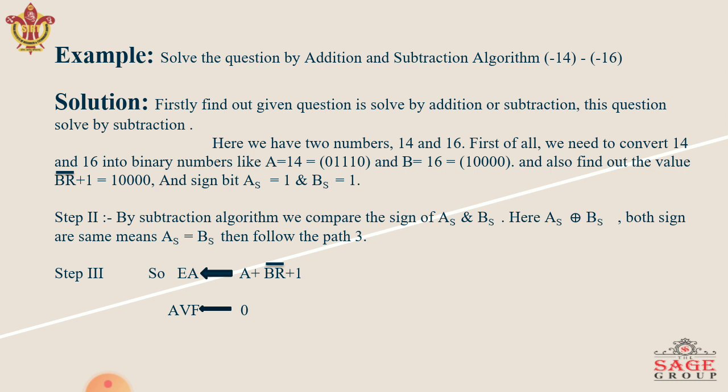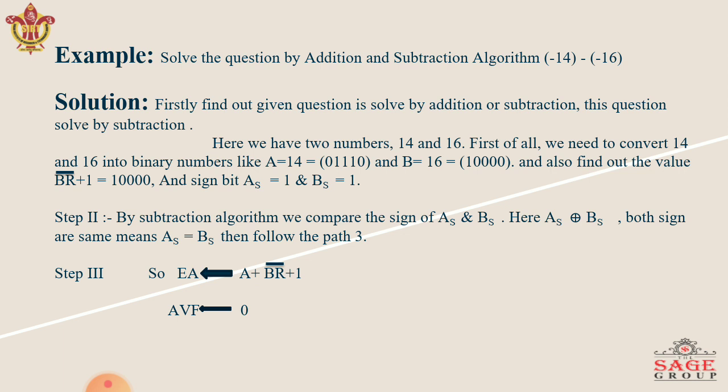And also find out the value of B bar plus 1, that is the complement value or 2's complement value of B. So the value is again 1 0 0 0 0 and the sign bits are stored in AS and BS.